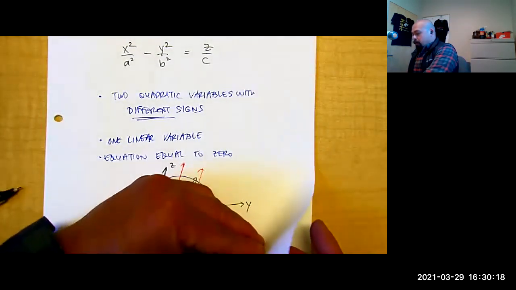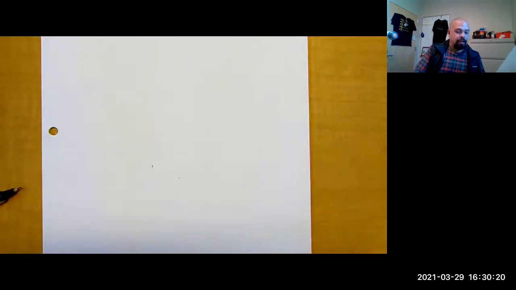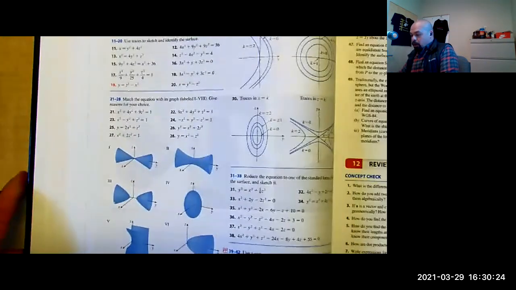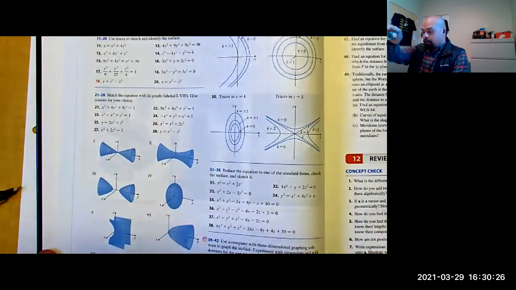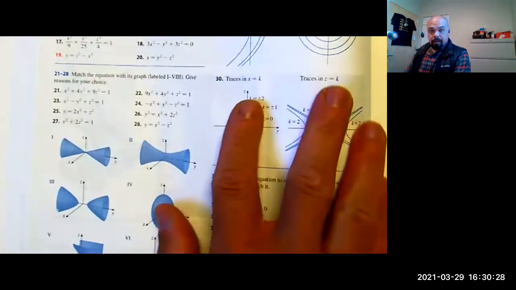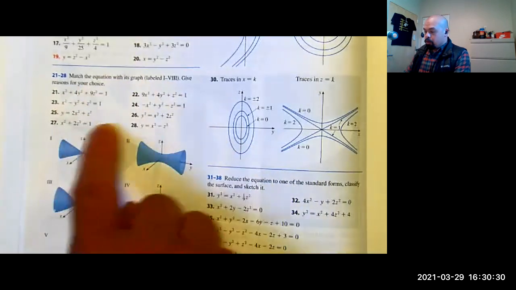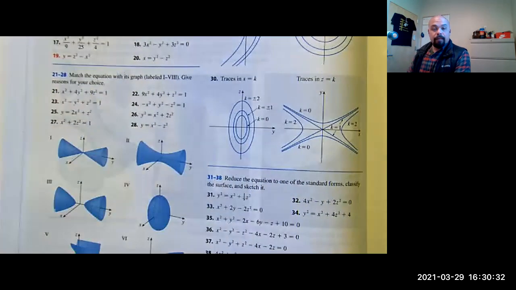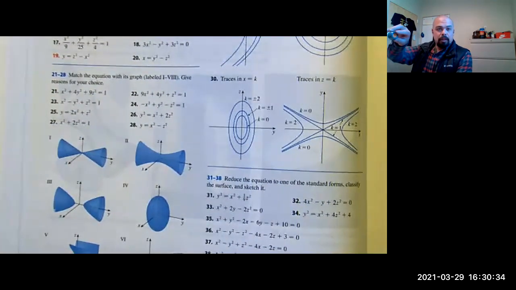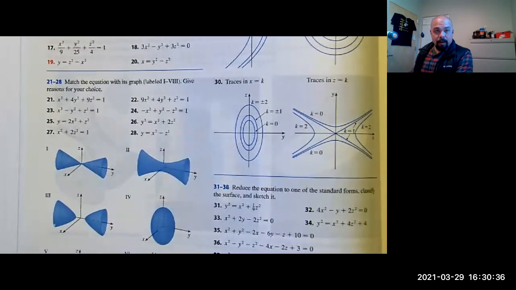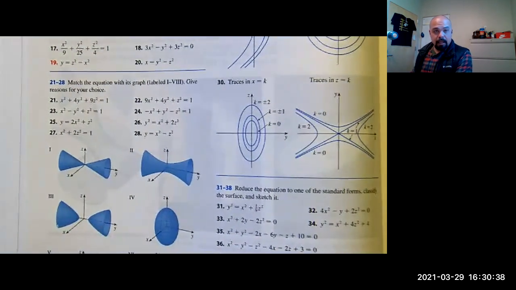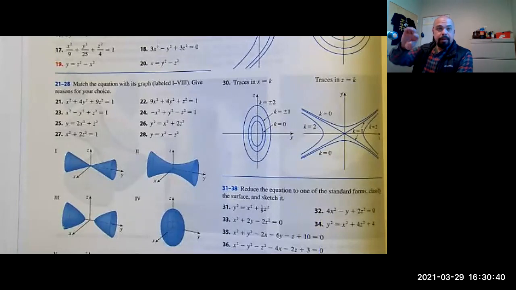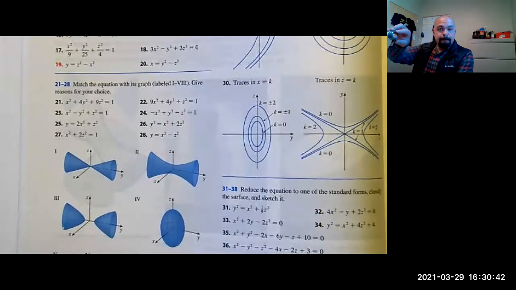So taking those concepts of what we're looking for, the nature, the characteristics of these equations, we start to look at these problems like 21 through 28, okay? I know it's a little bit fuzzy, a little bit out of focus. There we go, trying to get that to lay still, to be focused, okay?